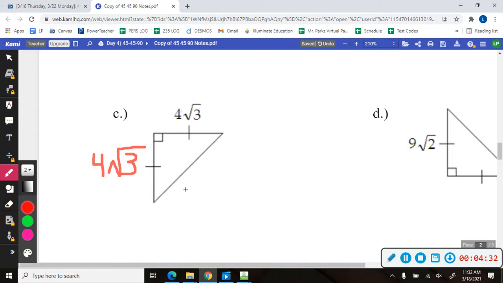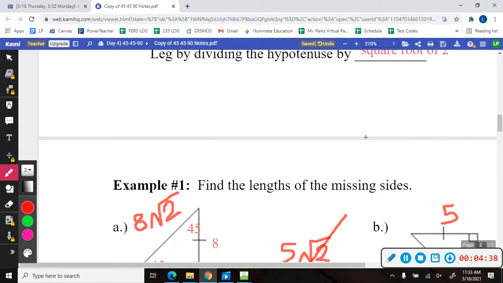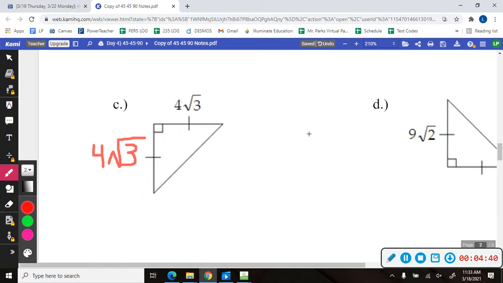Now to find the hypotenuse, you find the hypotenuse by multiplying the leg by square root of 2. So I need to take 4 square root of 3 times square root of 2. I'll do it down here. 4 square root of 3 times square root of 2.